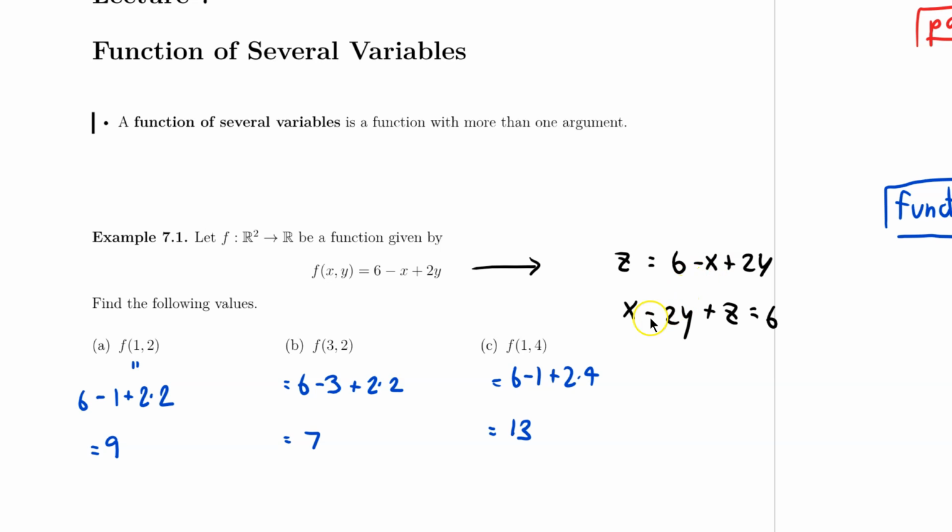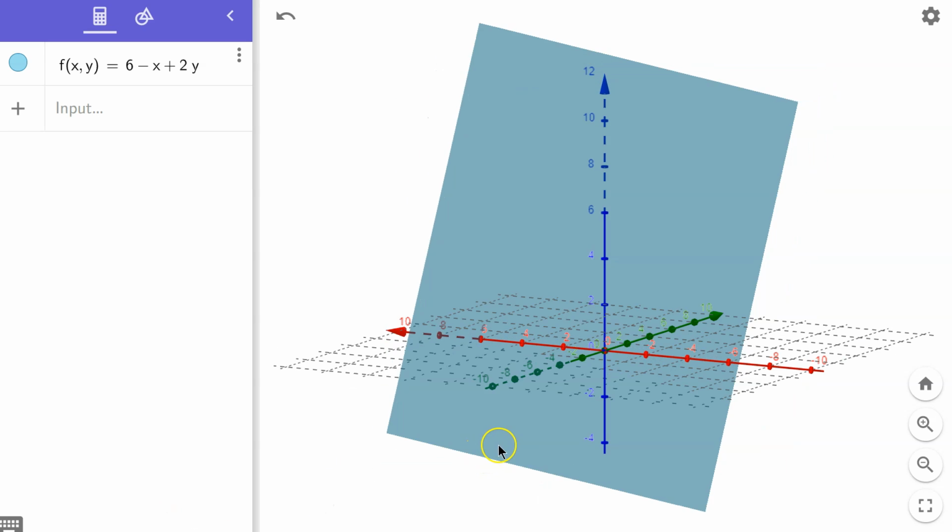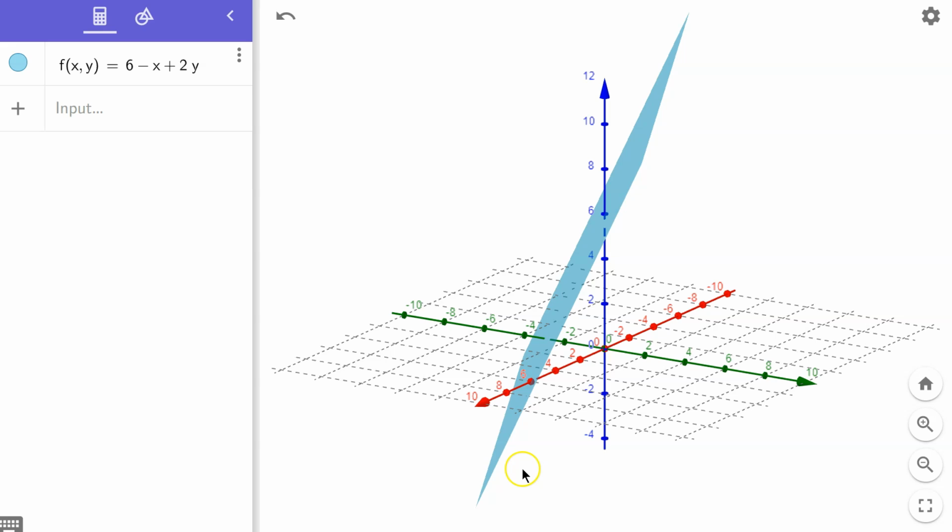And we can tell that this is in fact just an equation of a plane, and that's what we are looking at here. This plane is actually just the graph of the function of several variables 6 minus x plus 2y that we have seen earlier.